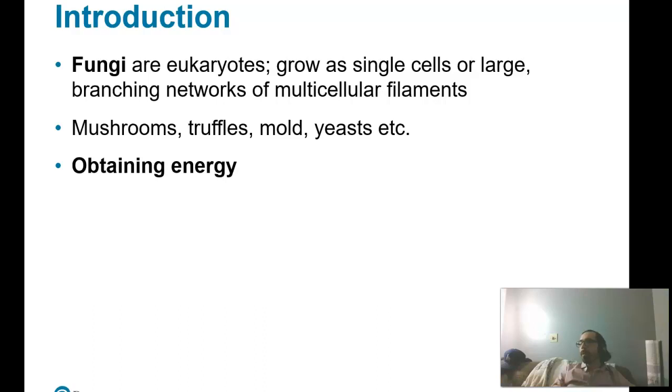And there's also parasitic relationships, like ringworm or athlete's foot, where the host's fitness is being lowered in exchange for a benefit to the parasite. We're going to get into more details on all of those.